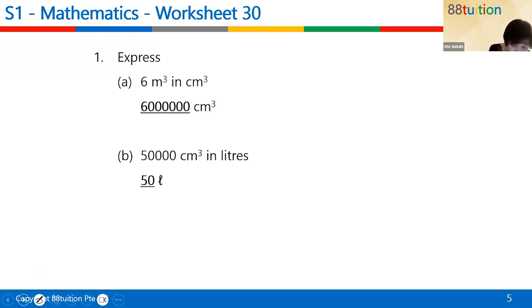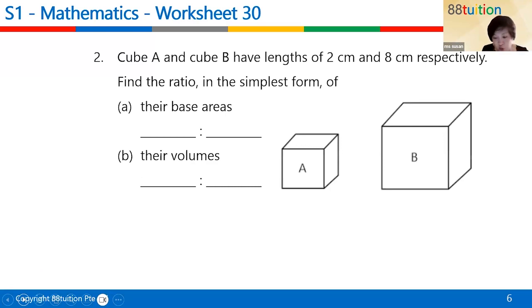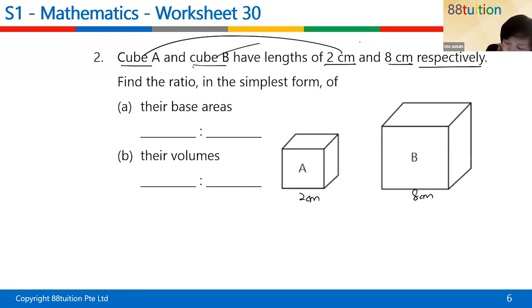Next question. Cube A and cube B have different lengths. This is something that I have done earlier on, right? This is 2 cm and this is 8 cm respectively. The word respectively means the 2 cm mentioned first, so cube A is 2, cube B is 8. Find their base area. Since this is a cube, all sides are equal.